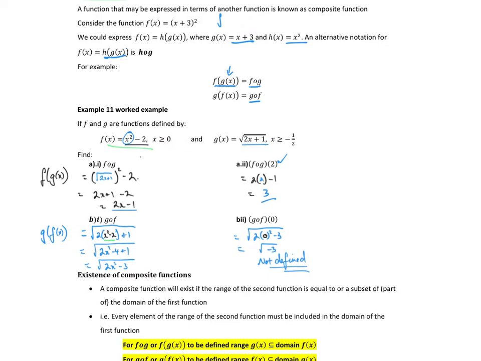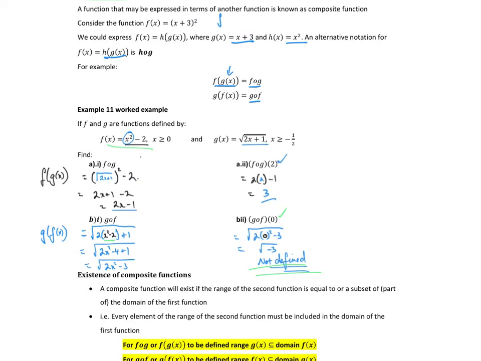So multiply that through, I get 2x squared minus 4, which gives me 2x squared minus 3, the square root of that. Then if I want to work out g of f of 0, I substitute 0 in for x, which gives me 2 times 0 squared minus 3, the square root of negative 3. Clearly, the function is not defined there.